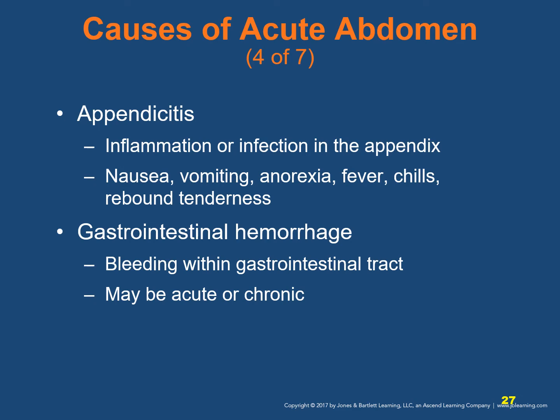And it may be red, fresh blood, or it may look like coffee grounds. But either way, that is hematemesis. Lower gastrointestinal bleeding occurs between the upper part of the small intestine and the anus. It often manifests as melena, or dark tarry stools.